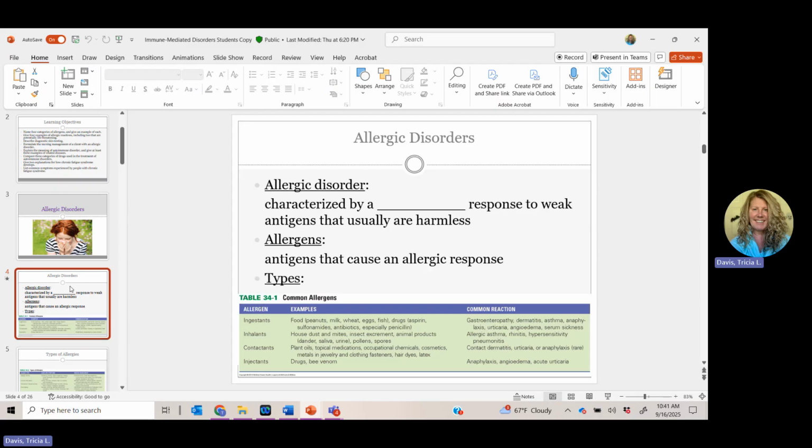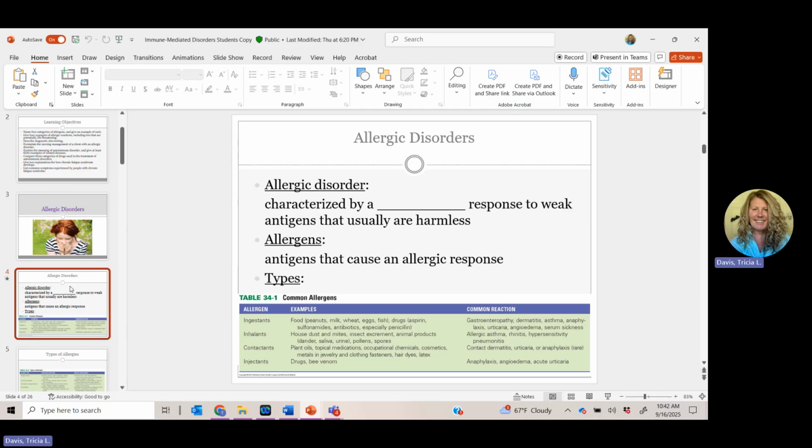Because they're usually harmless, people that have allergies have this hypersensitivity reaction, okay? We wouldn't expect these things to normally cause an issue, but sometimes they cause more of an increased reaction than we would expect. And then, of course, we have allergens, which are the antigens that cause these allergic responses in our patients. When we think of these different allergens, we have a couple different types.